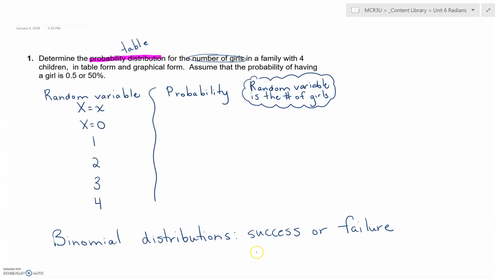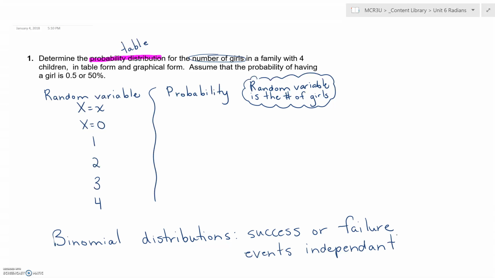And the events have to be independent of each other, which means that one outcome doesn't affect the next outcome. So if I have a girl first, that doesn't affect my next outcome. I can still have a girl as a second child if I have a girl as my first child. So when you're having a child, those events are independent.